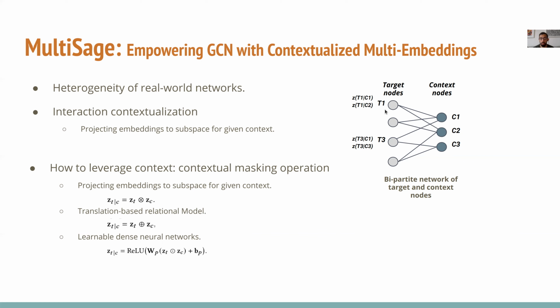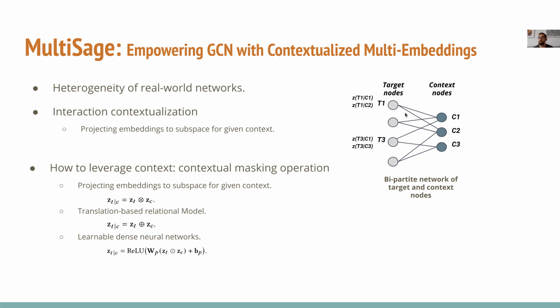So first, here is how they do that. They say we have a node T1 which has an embedding, or we're trying to learn an embedding for. The first thing we do is try to calculate the embedding of T1 given C1, and the embedding of T1 given C2, the two different contexts that T1 interacts with.